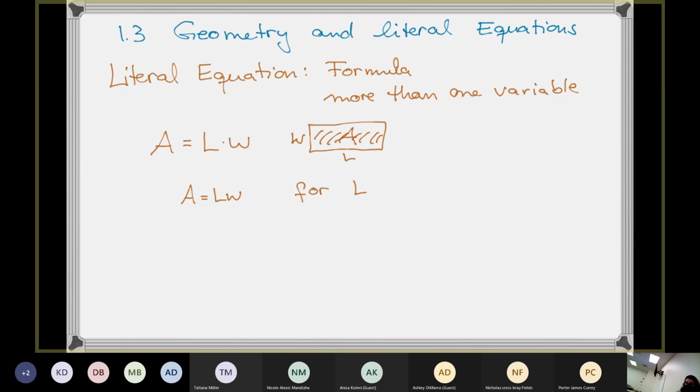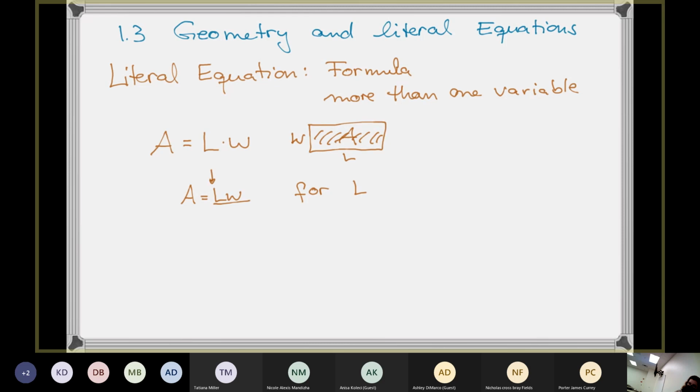People online, how do we get L by itself? We want to rearrange this equation for L. Rodney says we need to divide, yes, and Danielle says that too, because this is L times W, so the brother of multiplication is division.